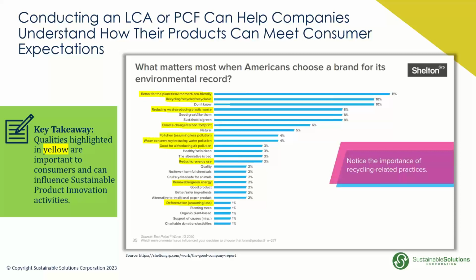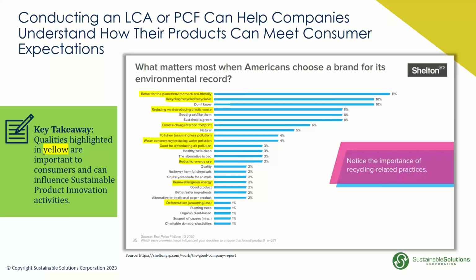You can see here, this is a great graphic from the Shelton Group. They're awesome. It's a company that's been doing basically consumer behavior analysis and surveys for over 20 years to understand what is driving people to think about the products they purchase from an environmental or sustainability perspective.